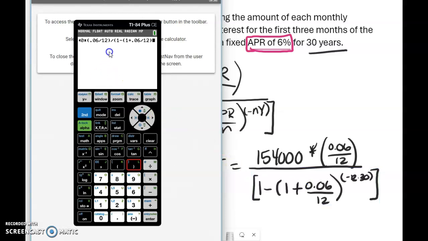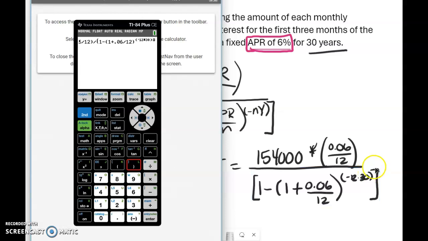And then always take a step back, make sure that what you've input into the calculator is the same thing that you have written on the paper. And then I'm going to do the caret symbol. Now on this calculator, it superscripts it, so you don't need the parentheses. On other calculators, if you see the caret symbol, then you need to put parentheses around the exponent so the calculator knows that that's the exponent.